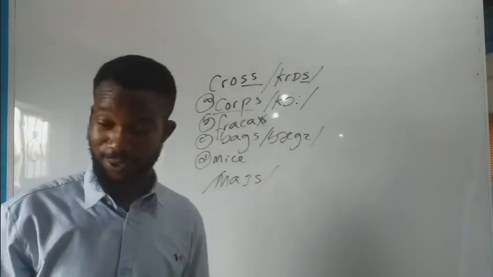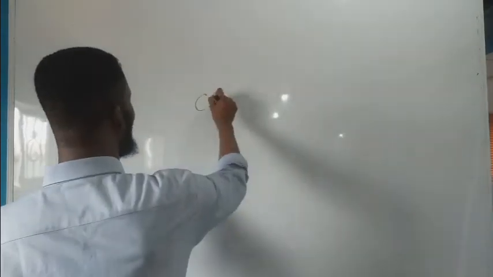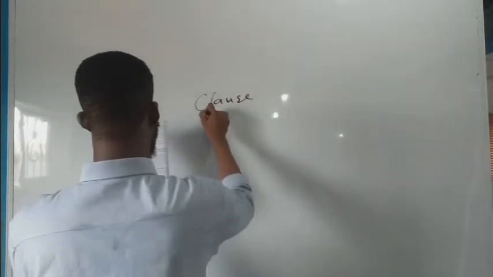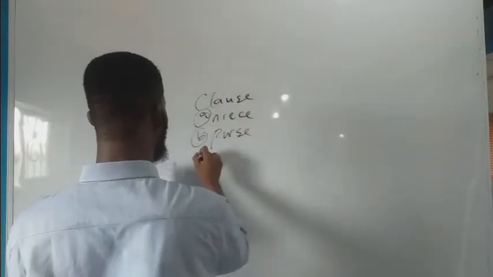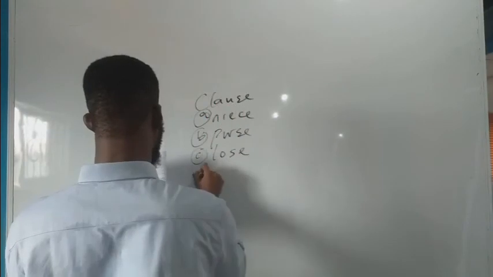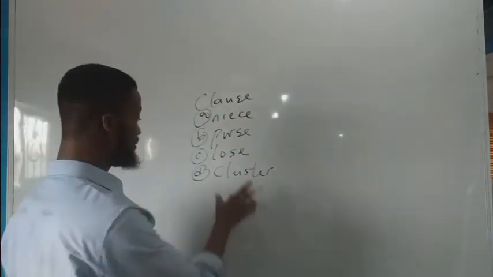Another example or class word we're going to look at is this, where we have CLAUSE. Option A, we have NIECE. B, we have PURSE. C, we have LOSE. D, we have CLUSTER. I'd like to quickly talk about this particular word.